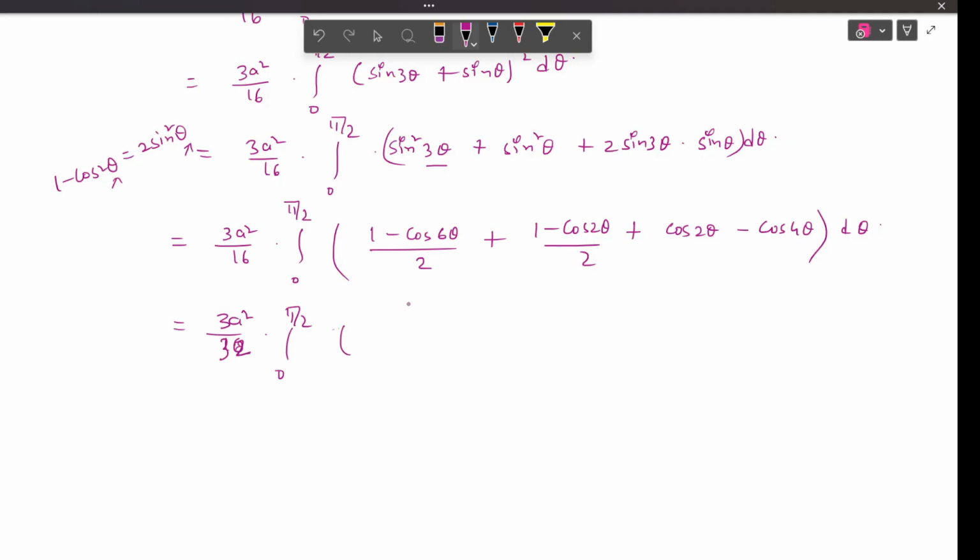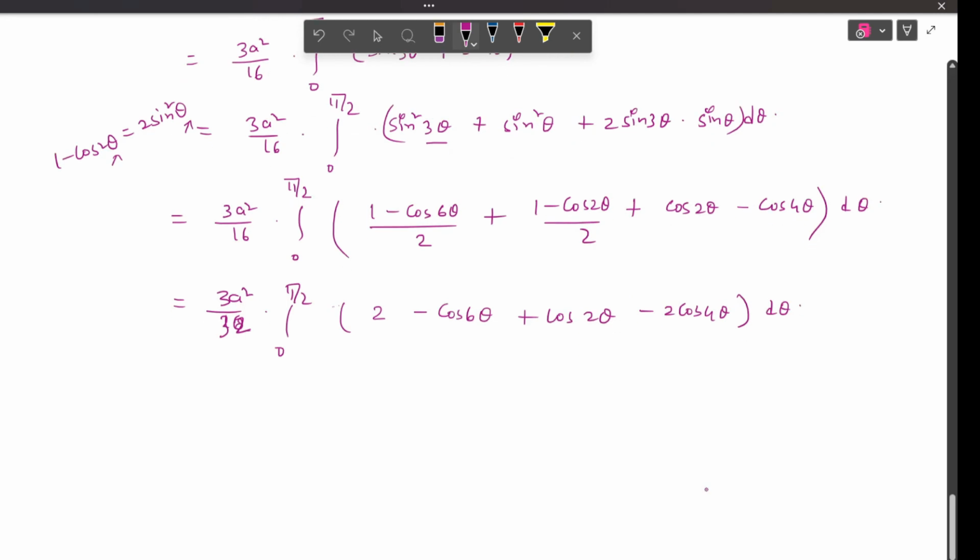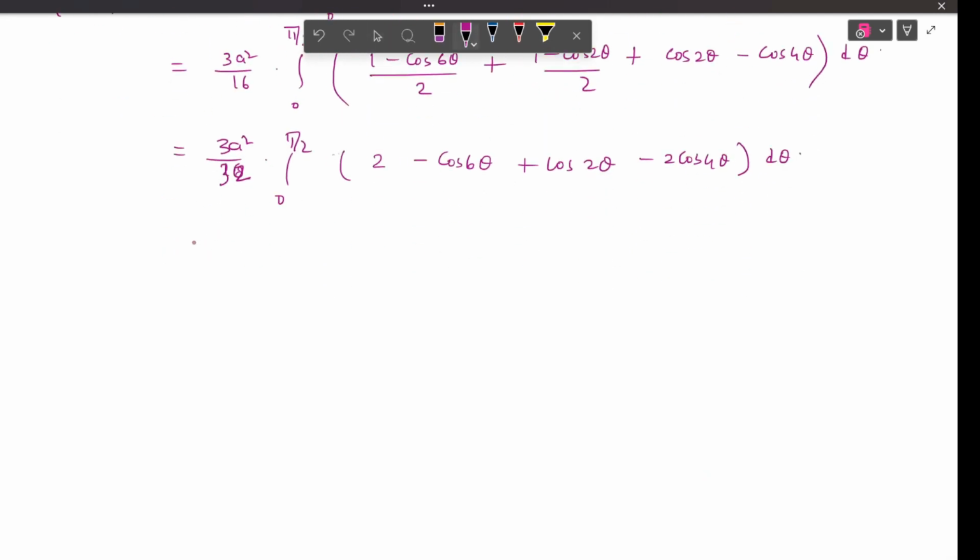And if you take the LCM, this will be 1 plus 1, that is 2, minus cos 6 theta plus cos 2 theta, because 2 cos 2 theta minus cos 2 theta, that is cos 2 theta, minus 2 cos 4 theta. Now we will be able to solve the integration.